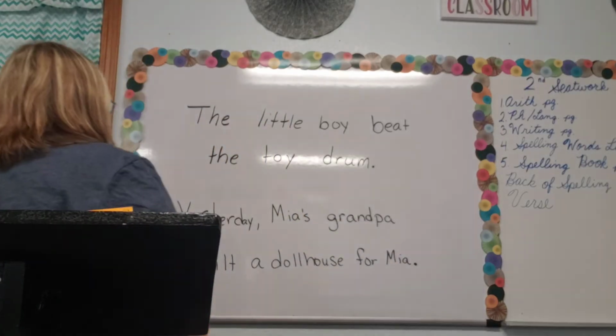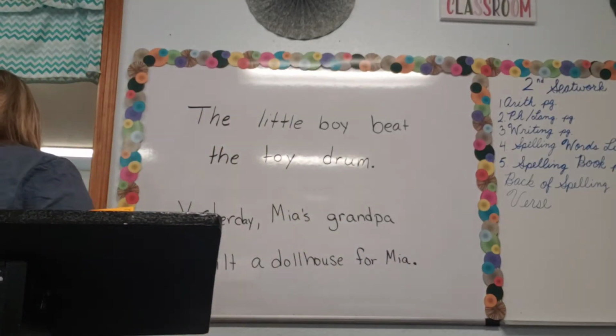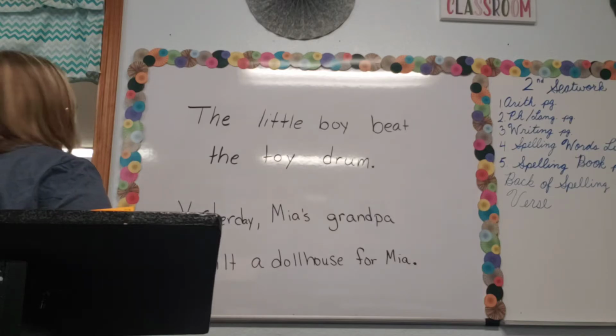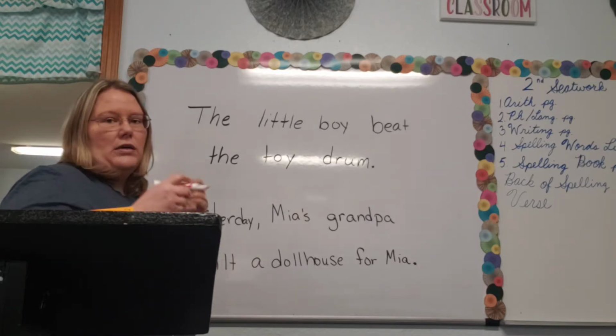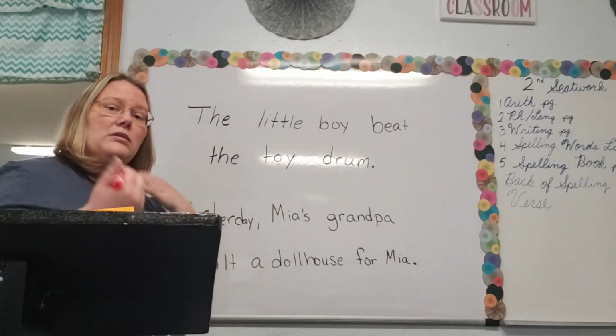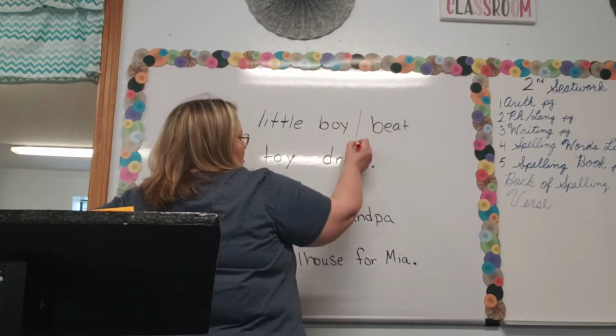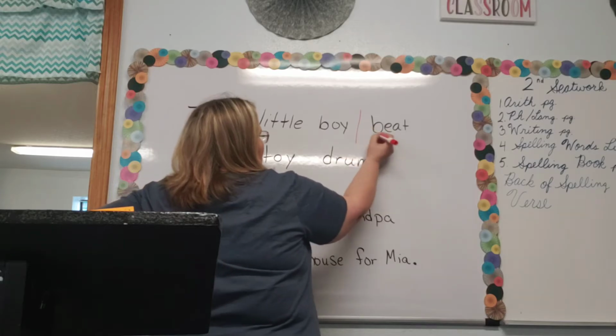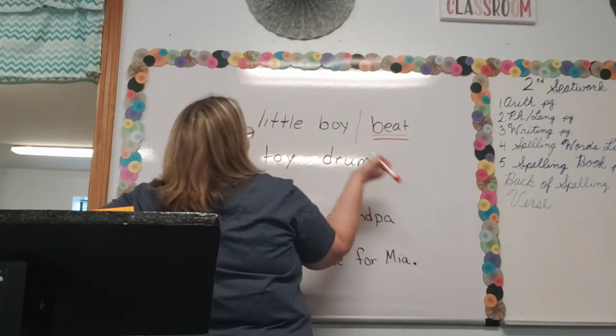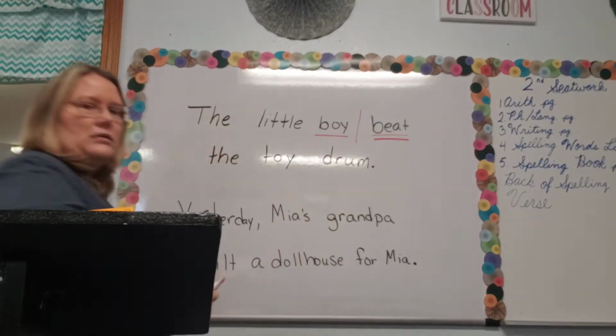The little boy beat the toy drum. First, what we want to do is divide our sentence between our subject and our predicate. So we're going to divide before the action word. Okay, and then beat is our verb and boy is our subject.